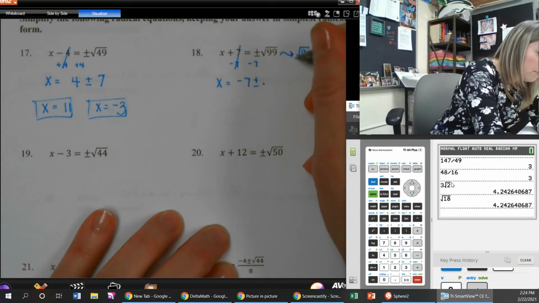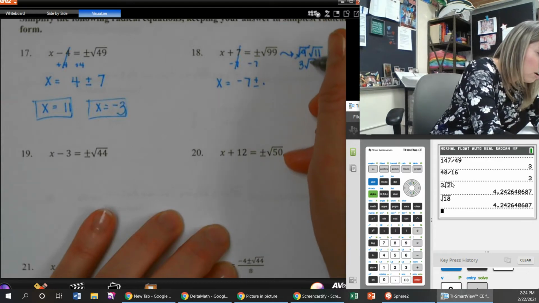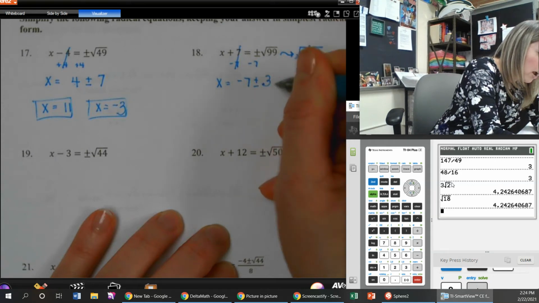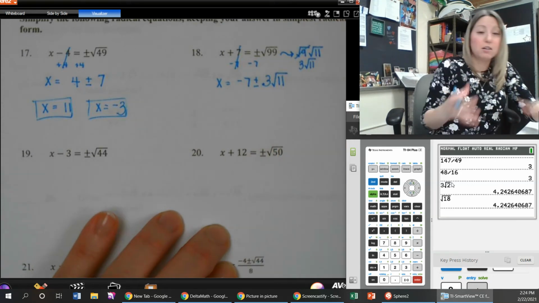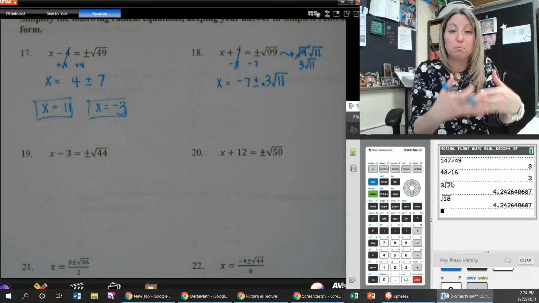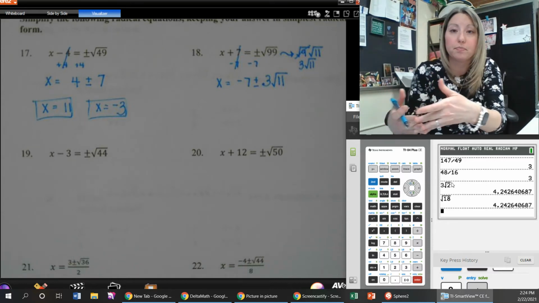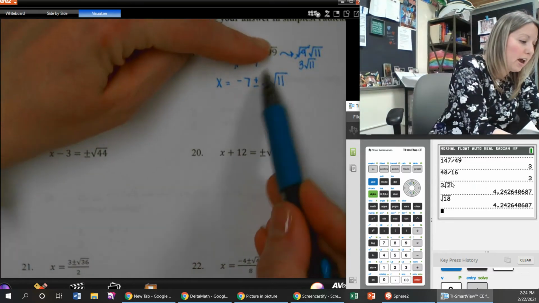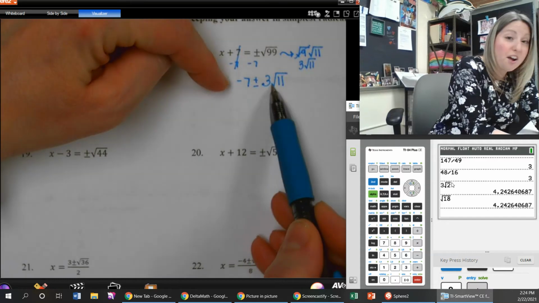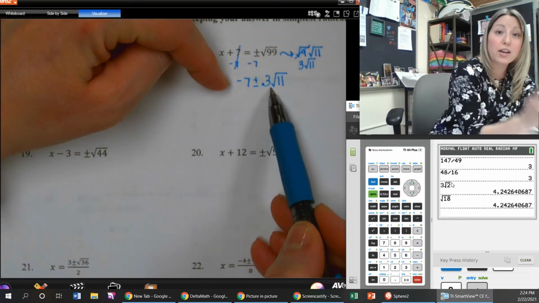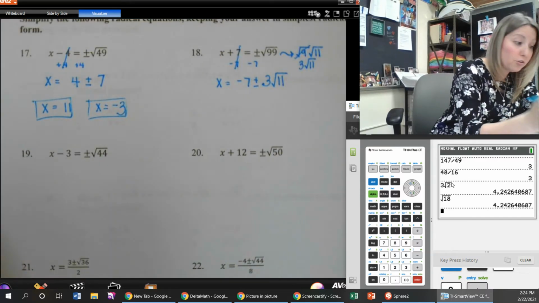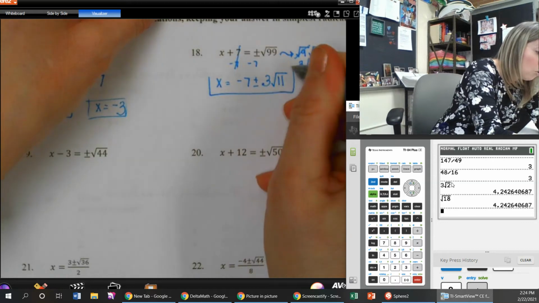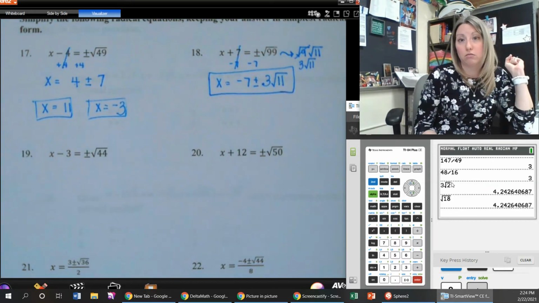What's the square root of 9? 3. So 3 radical 11 goes in place of the plus and minus radical 99. So I put this here instead. Now, these are not like terms, so they cannot combine any further. That is where I stopped for my final answer.